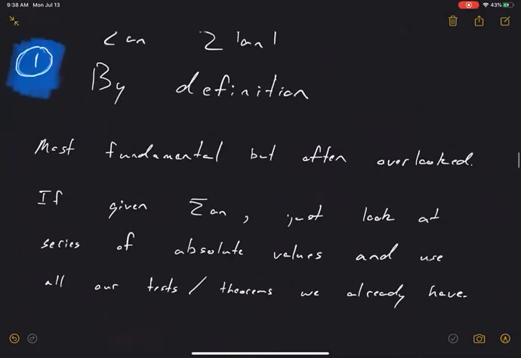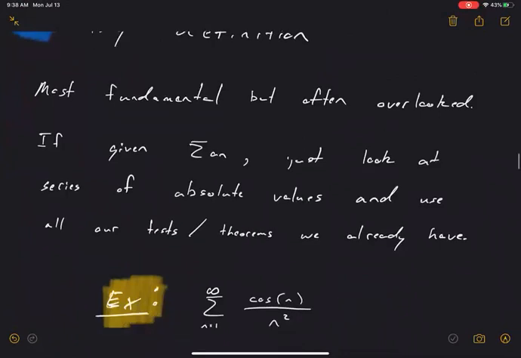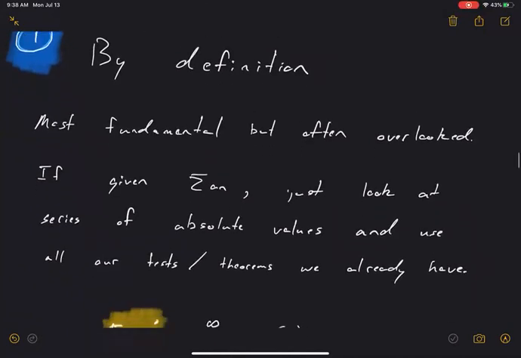And really, this is the most fundamental way to do it. I won't say easy, but the most fundamental way to test for absolute convergence. But it's often overlooked because we're going to introduce some tests later on that are really quick and easy to use. And so people tend to use those tests and forget about showing it by definition.